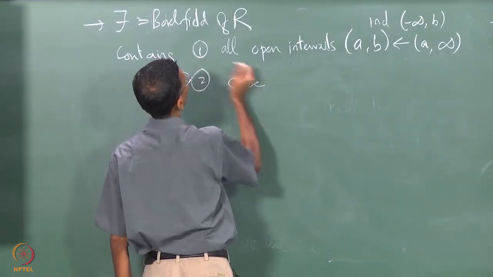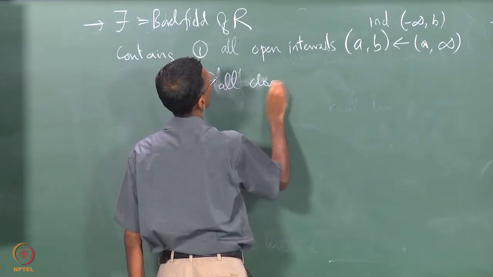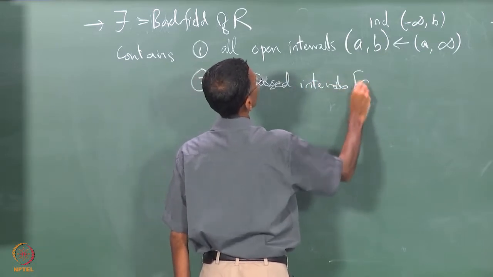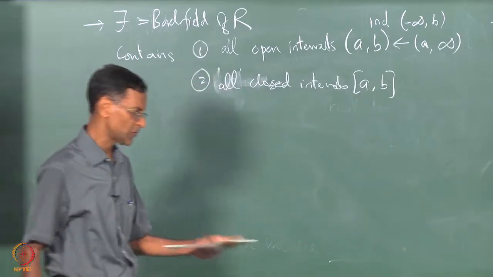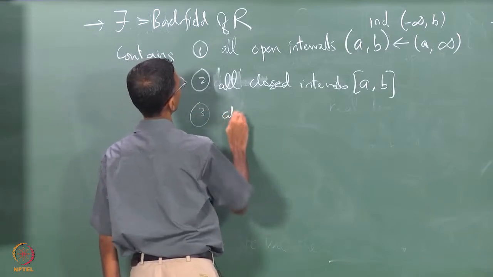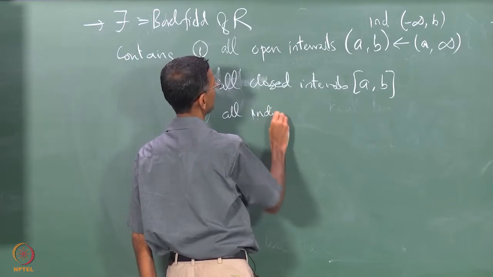So the closed intervals are all closed intervals of course for finite A, B. And of course the half open, half closed, I don't want to get into that. It also includes all points, all individual real numbers, right?